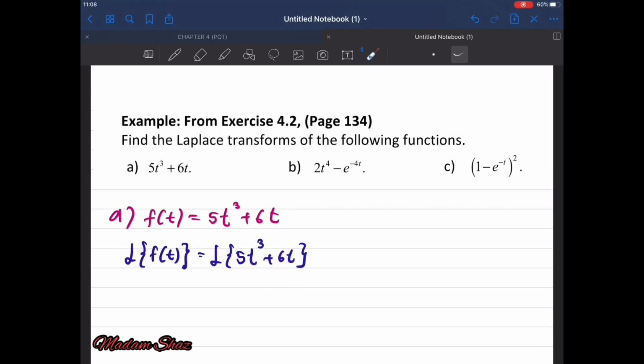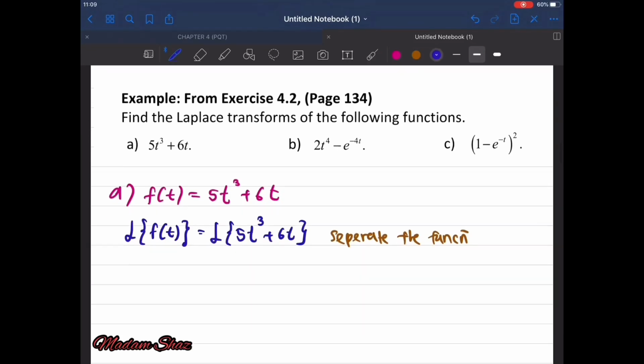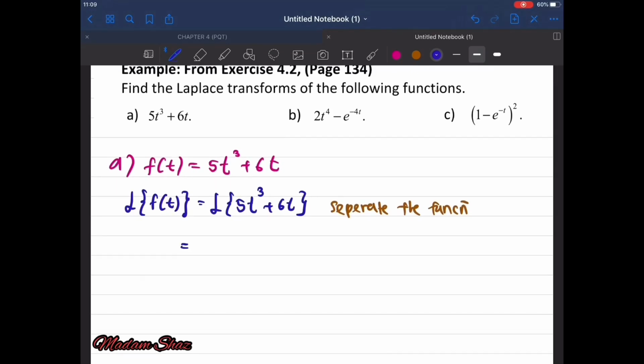Now you have to separate the function. You have plus in the middle, meaning that you have to break out the Laplace transform notation. So L{5t^3} plus L{6t}. Now it has become two Laplace notations.